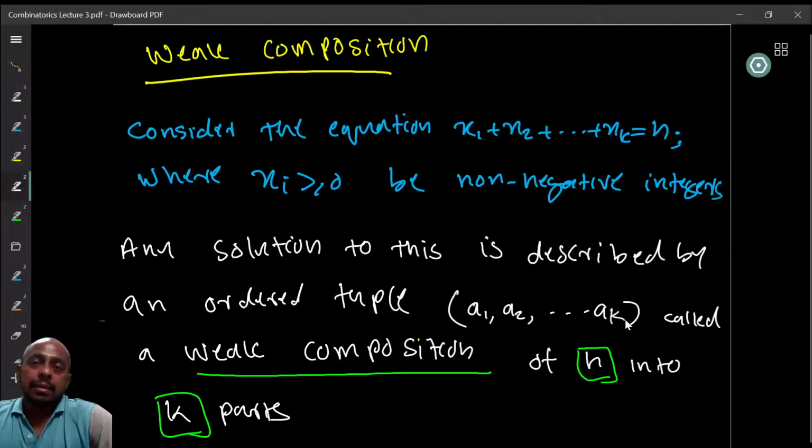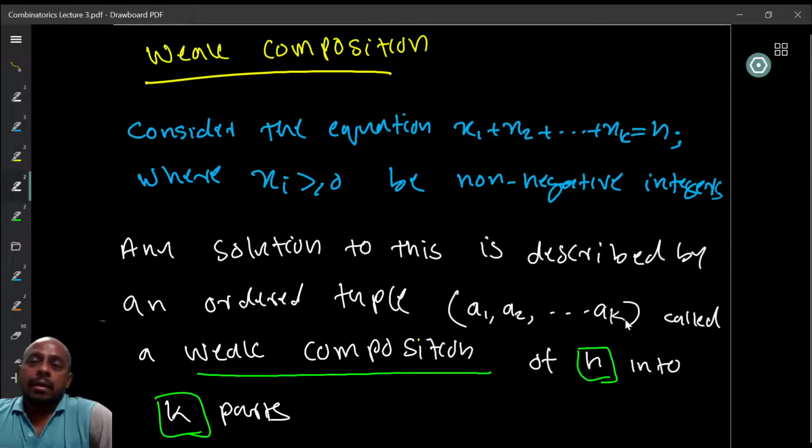Now given this condition, look at any possible solution to this. Any solution to this equation can be described as a k-tuple, something like a1, a2, etc., ak, where ai is the value taken by xi. So if x1 is equal to 5 and x2 is equal to 7, then we will have a tuple starting with 5, 7, etc., where a1 is equal to 5, a2 is equal to 7.